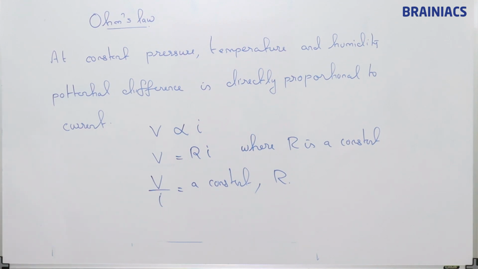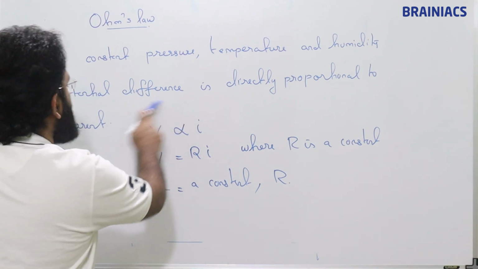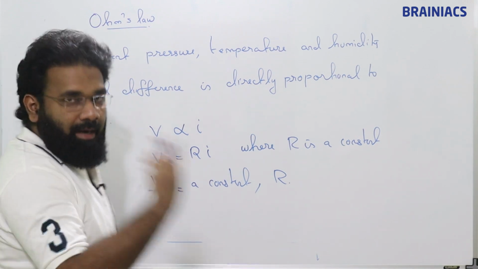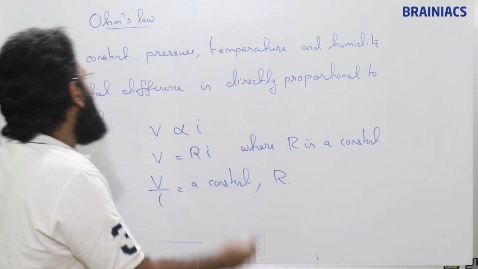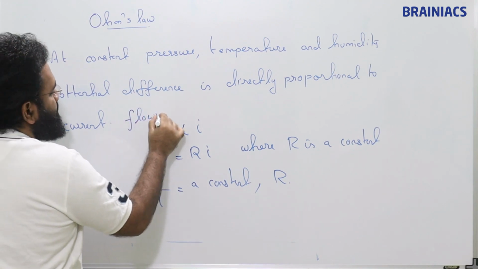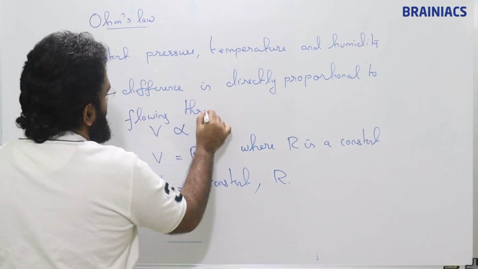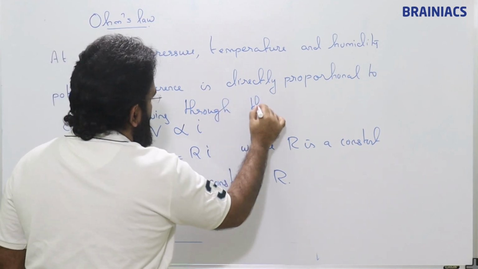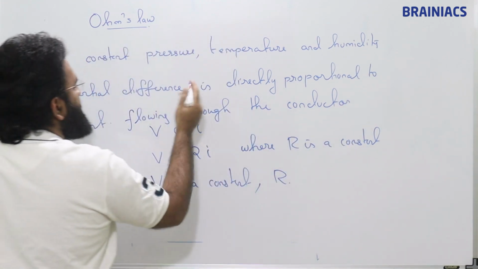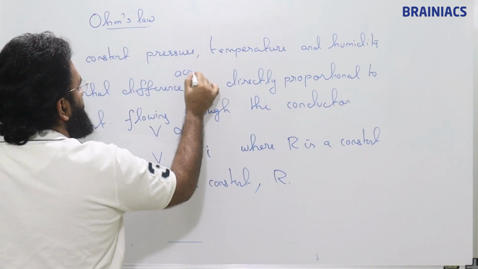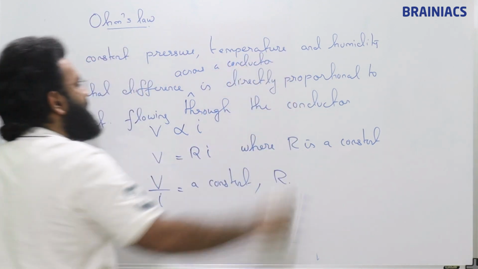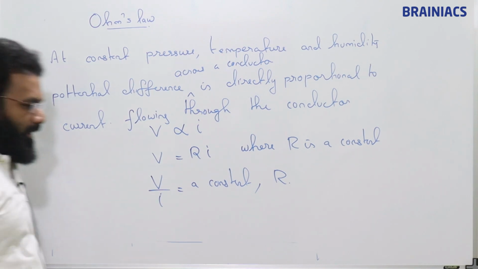So at a constant pressure, temperature and humidity, the potential difference is directly proportional to the current, or we can say potential difference across a conductor is directly proportional to the current flowing through the conductor.